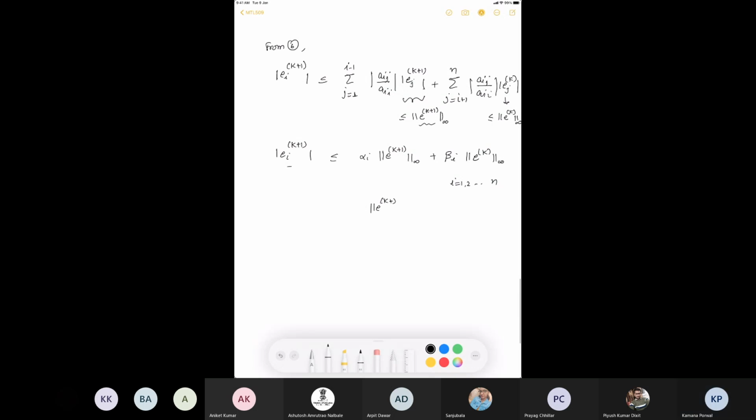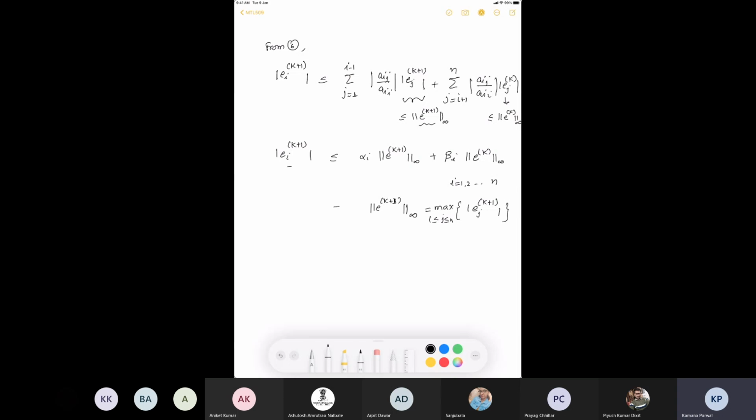So what I'll do, if you look at this error, what is this? This is nothing but the maximum of the absolute value of the error in the jth component of the k plus 1th iterate, and j is ranging from 1 to n. Now this maximum will be attained at one of the indices, right? For one value of j, you will get that the error is maximum. Say at the mth component the error is maximum, right?